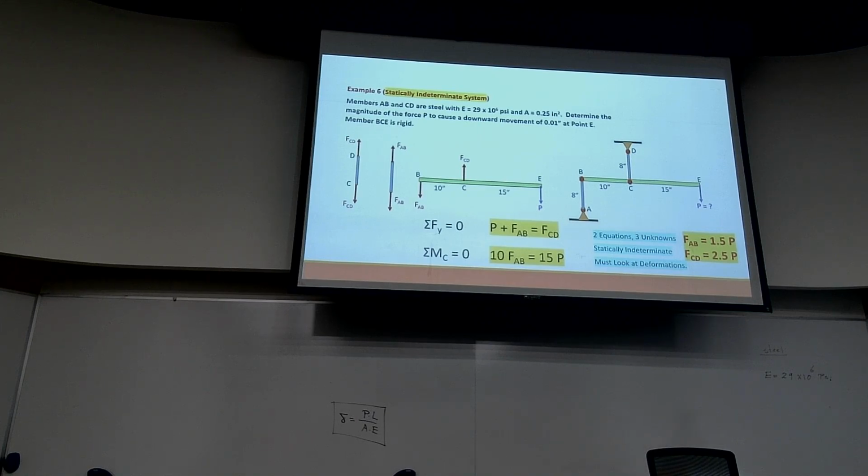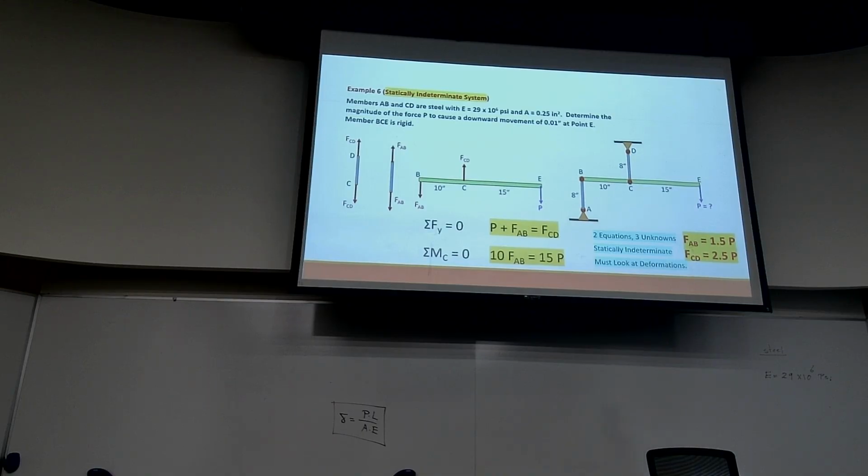That means E for the green member is a lot bigger than E for the vertical members shown in blue. So what this means is that the green member is going to rotate, but it's going to stay straight because we assume it is rigid. And the unknown is the force P. And what we know is the downward movement of point E, which is 0.01 inches.